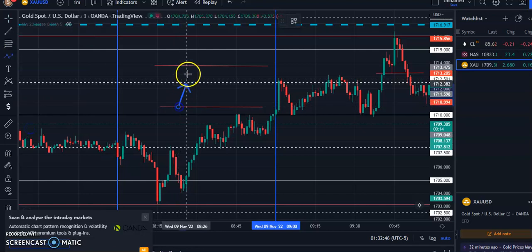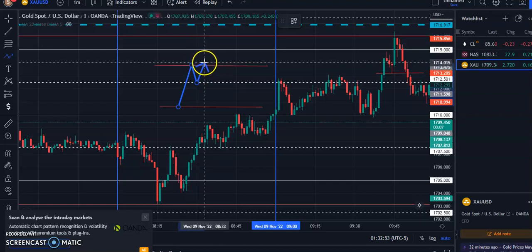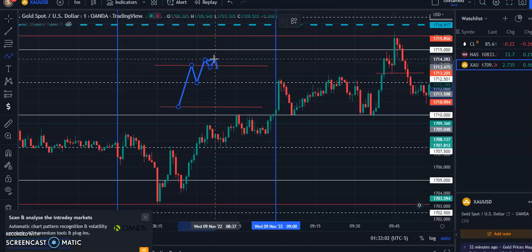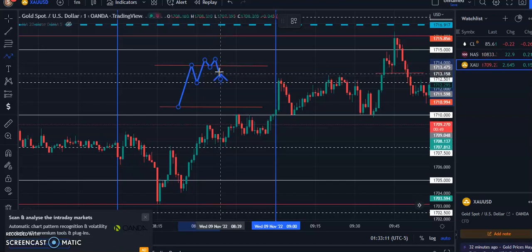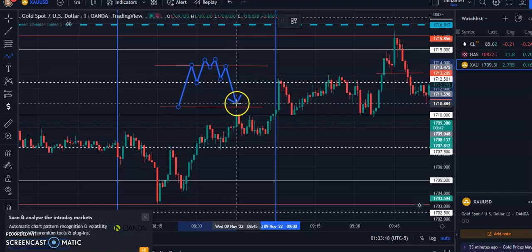We want the market to go to the high of the day and then come back again to the high of the day and trigger the high of the day to give us an M pattern near above or above the high of the day, and then break of structure. Once they break structure, we want them to come back again for the retest and then give us an engulfment for the move down.